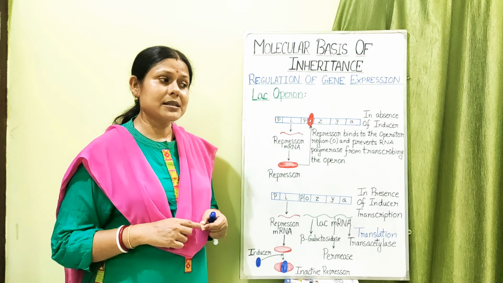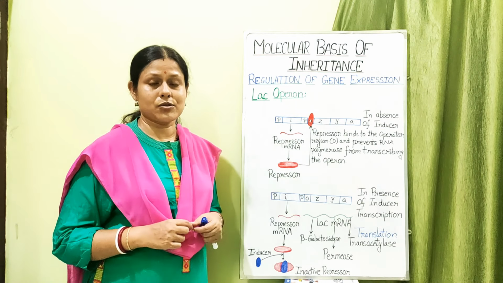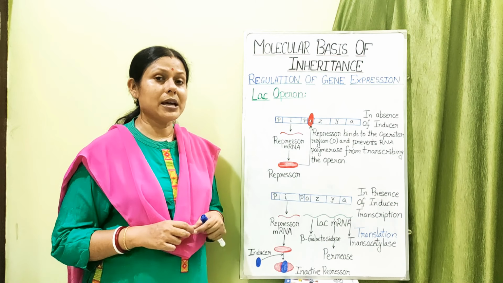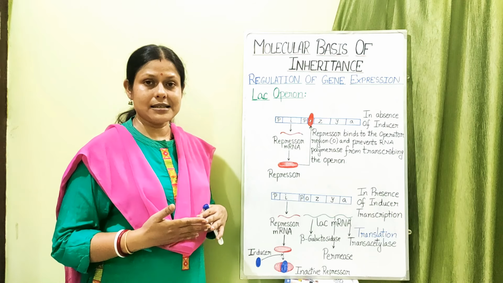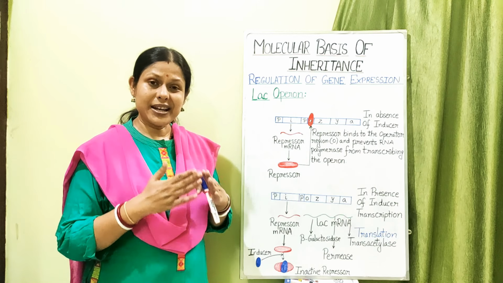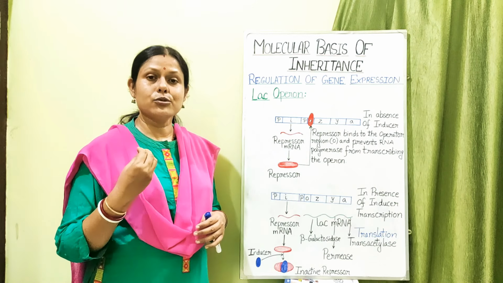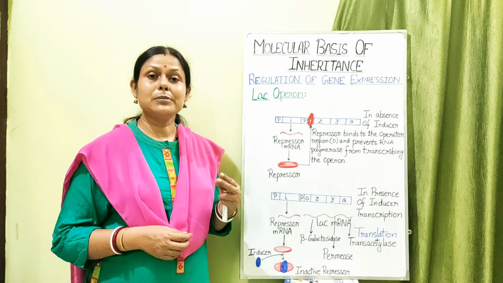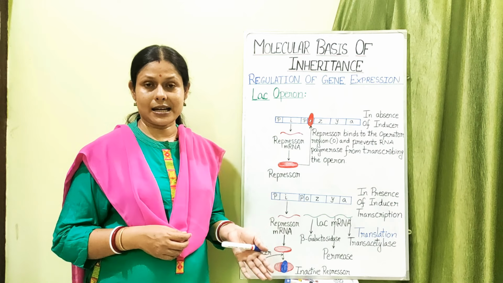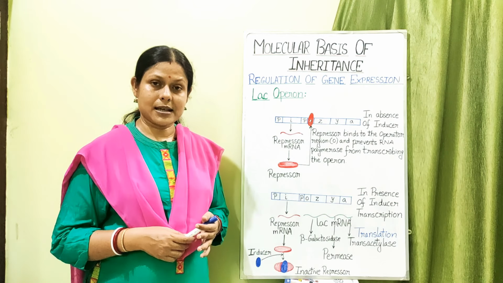In case of this new substrate, lactose, there will be an operon system, a working system to utilize this lactose, to break it down and make it into a ready available form of energy. That is, it will be broken down into glucose and galactose with the help of certain enzymes.